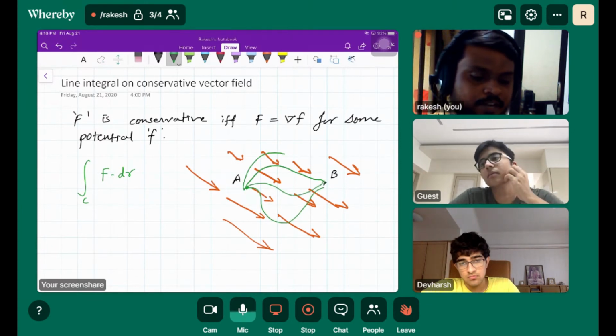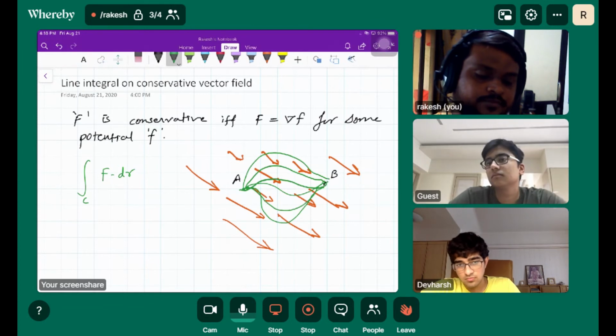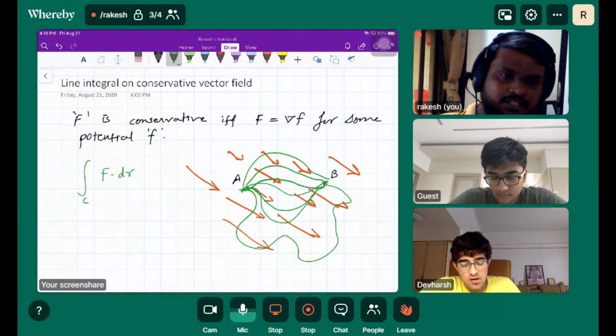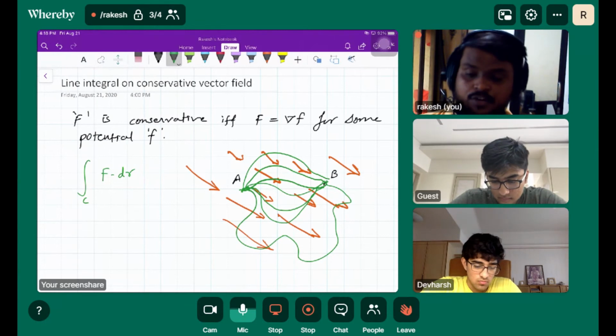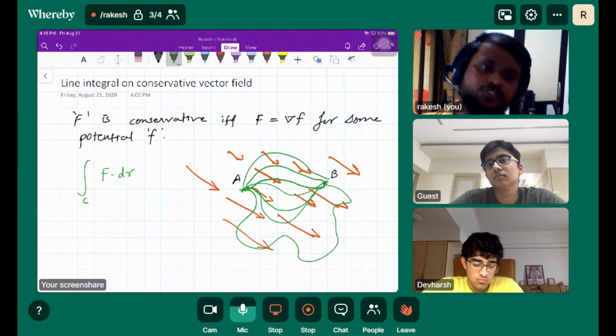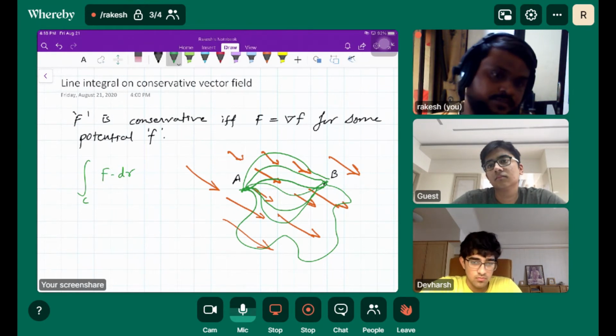If I want to move a particle from A to B, how many paths may we have? Infinite. Infinite paths. So what conservative means here is that if we have a conservative vector field, the work done to move a particle from A to B is constant, no matter which path you choose. That's the meaning of conservative vector field.